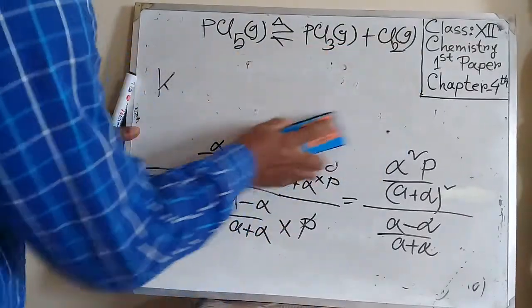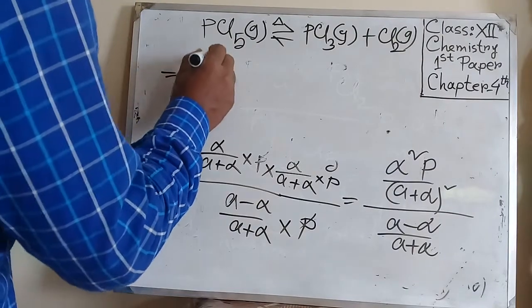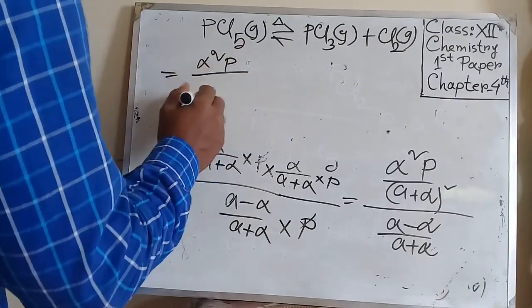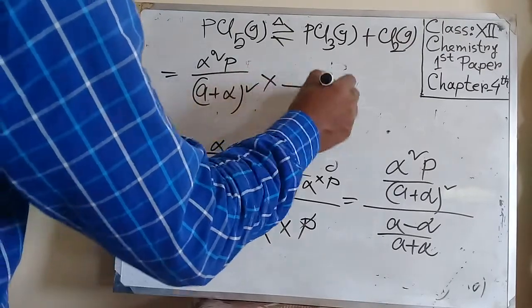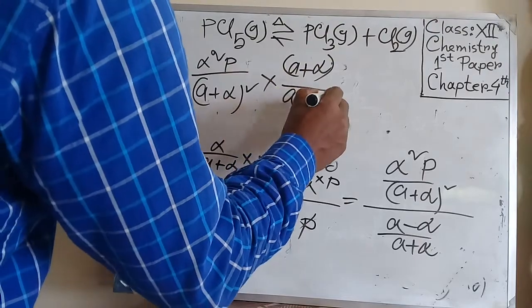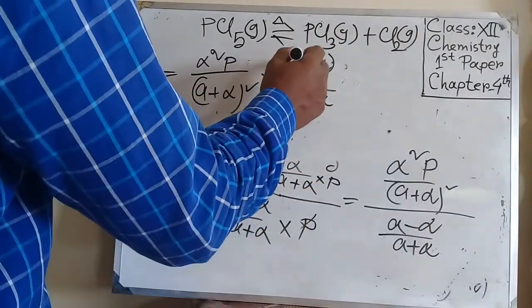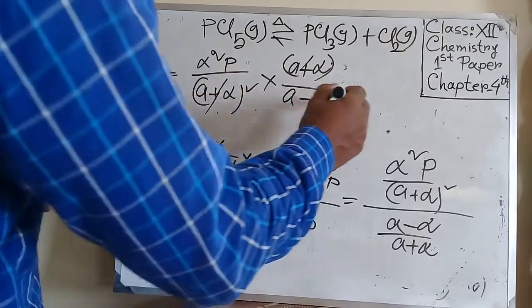So it will be alpha squared P divided by A plus alpha squared into A plus alpha and A minus alpha. There are two A plus alpha, so one will cancel. One A plus alpha will be left.